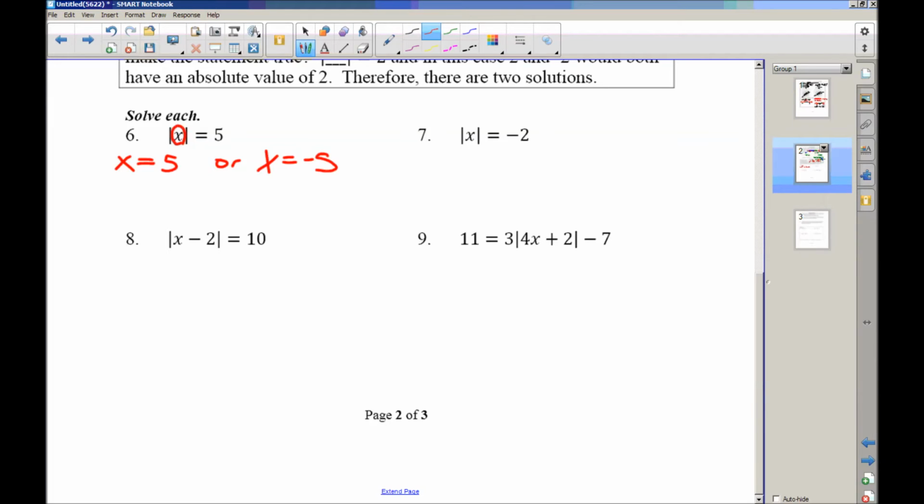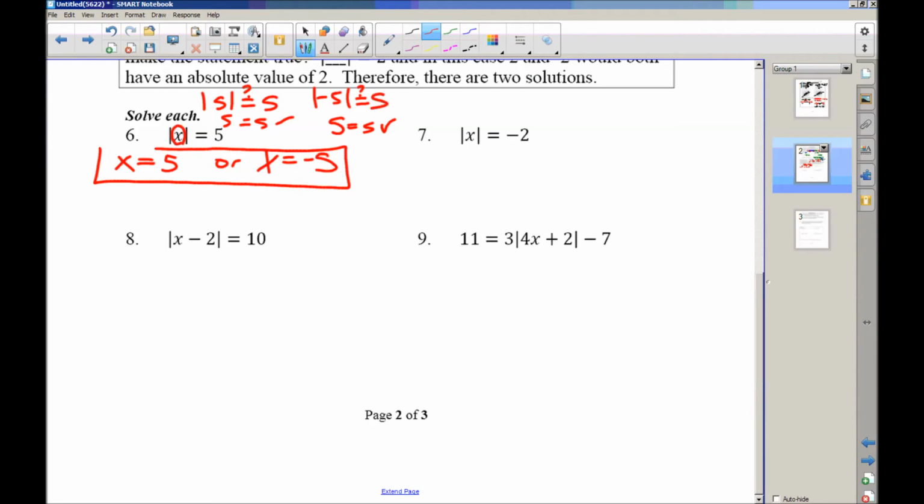So the absolute value of 5 works out here. Let's just check. Oh, well, that's true. 5 equals 5. And the absolute value of -5 also works out here. Absolute value of -5 is 5, and 5 equals 5. Now, you don't have to show the check, but it's a good thing to do mentally just to make sure that you did it right.